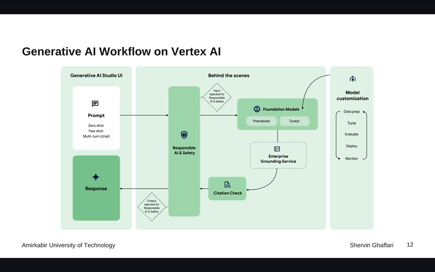As I said, some users might have different adversarial purposes, and responsible AI and safety is responsible for identifying these activities and blocking or rejecting them. If everything works well, the response is provided to the user.